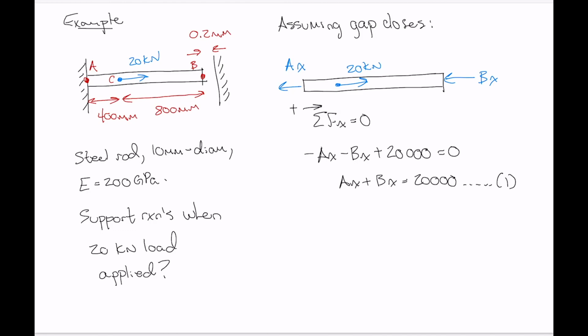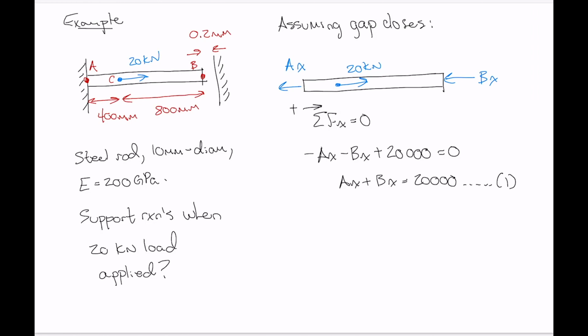So it's statically indeterminate, because we've got one equation and two unknowns, and that's as far as we can go using our equations of statics. We can't solve it. So let's create another equation using compatibility criteria.